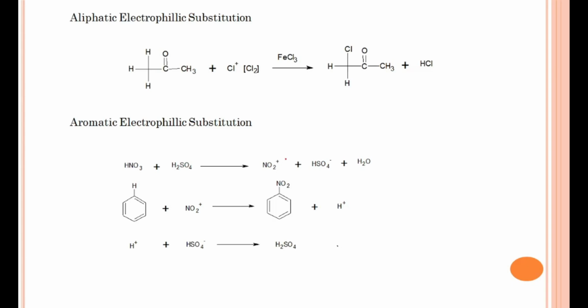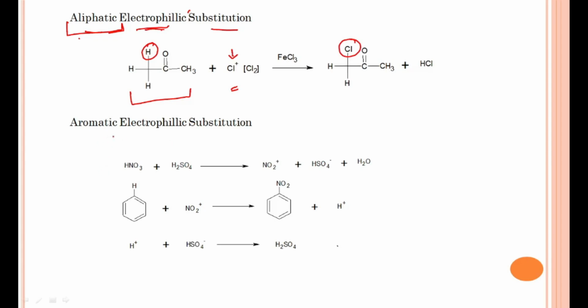Now coming to the subcategories. The first category is aliphatic electrophilic substitution reaction. Similarly, it is a substitution reaction, a replacement of one atom. An electrophile will be involved, that means a positively charged atom or group, and this reaction occurs in aliphatic compounds. So this is an aliphatic compound. Here the chlorine attacks, this is an electrophile, and this hydrogen is replaced with this chlorine, the substitution.